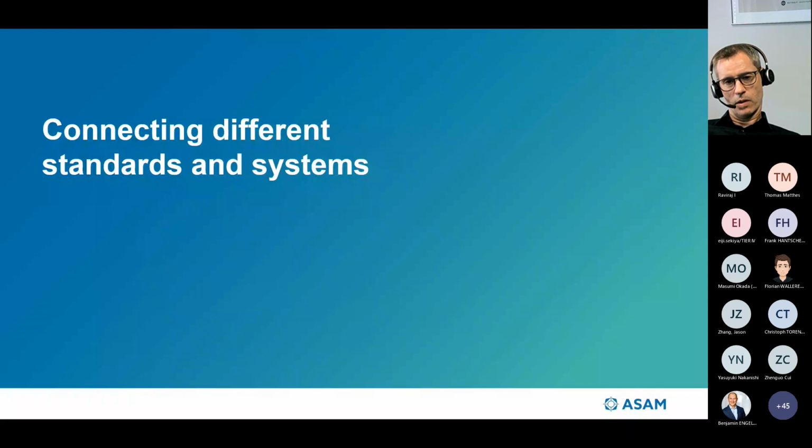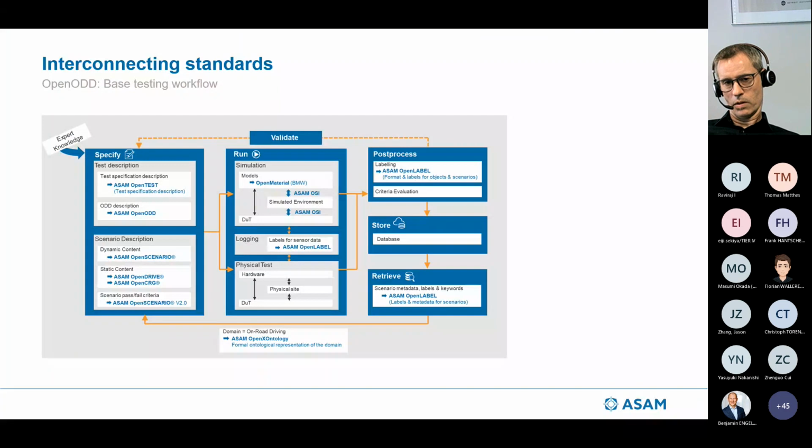Now, the next chapter is about connecting different standards and systems, and I just copied a picture from OpenDDD, which illustrates a basic testing framework. And you just see that while testing and validating data against a specific ODD, you are using a couple of different standards.